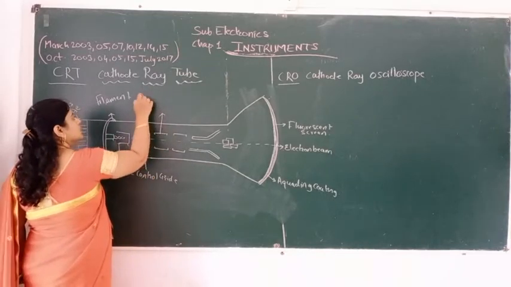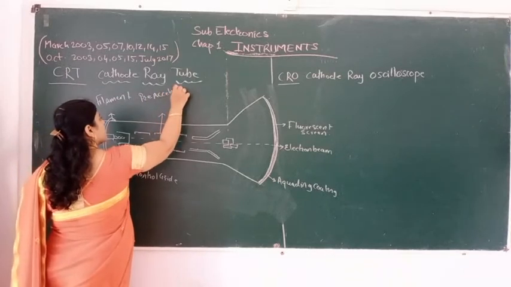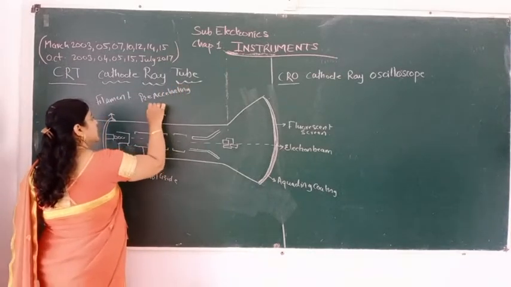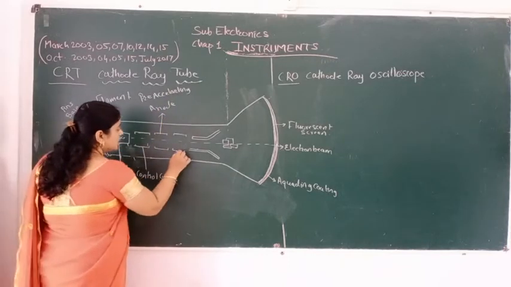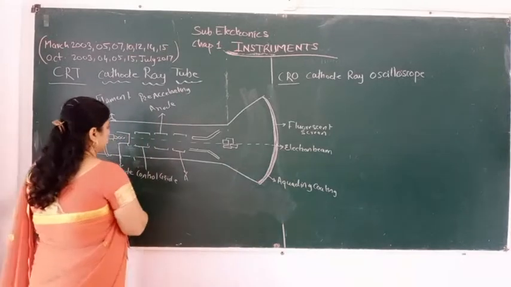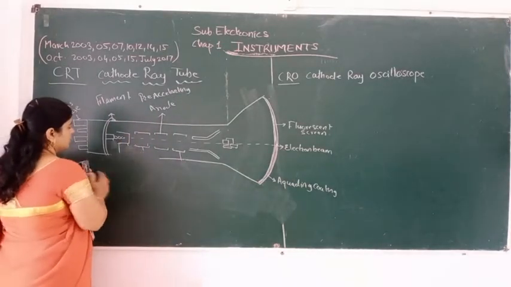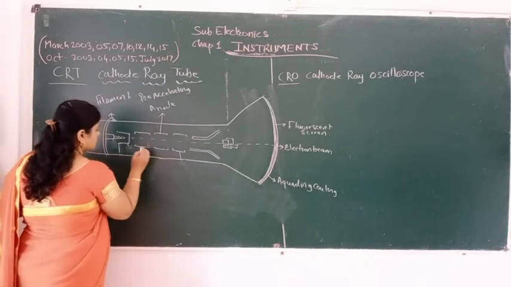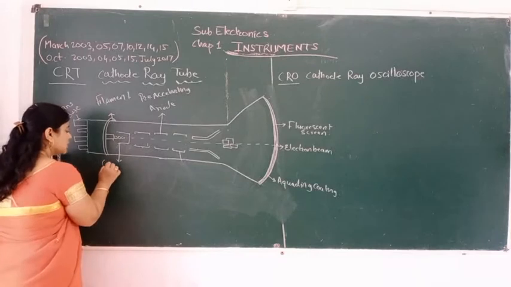This is the cathode. This control grid is there. This is the pre-accelerating anode. See, this is the control grid.